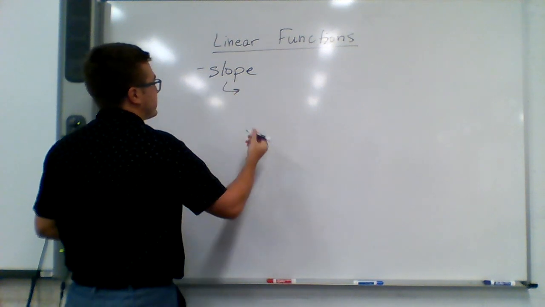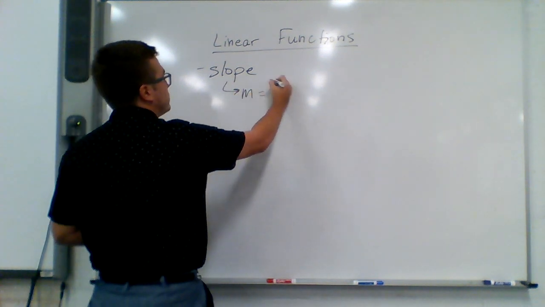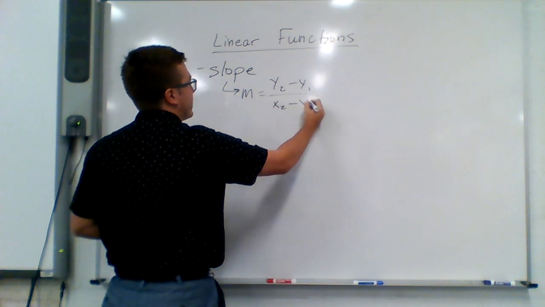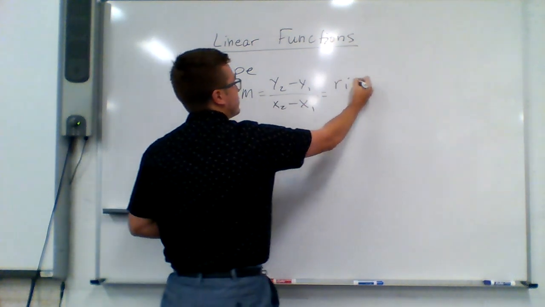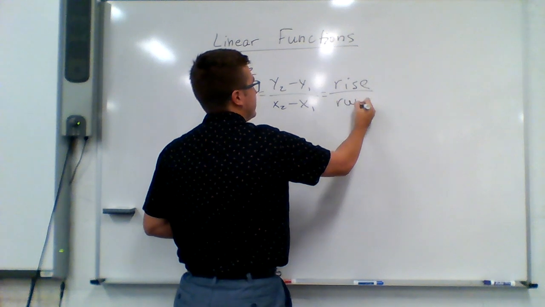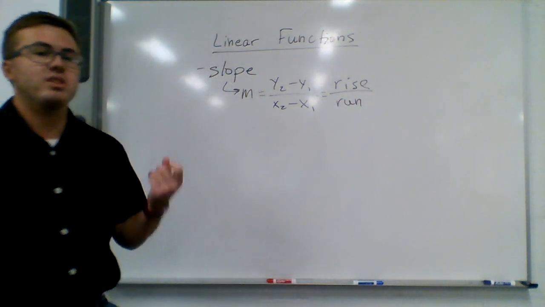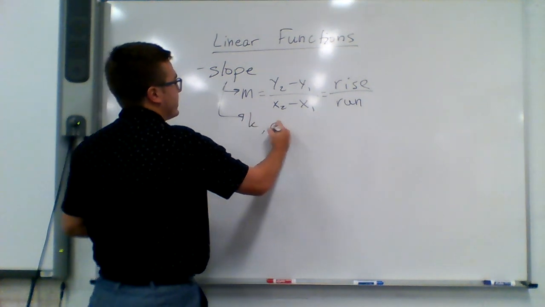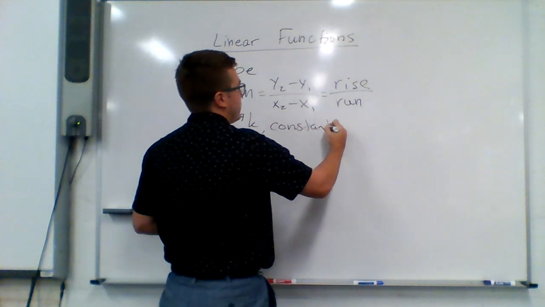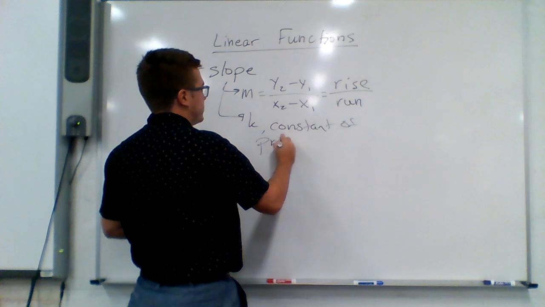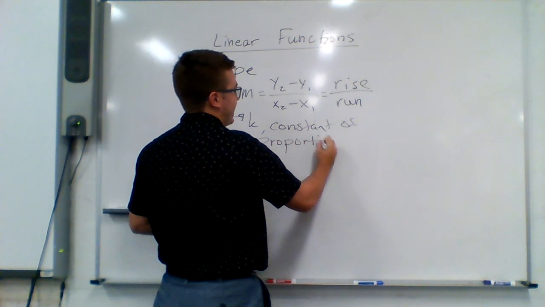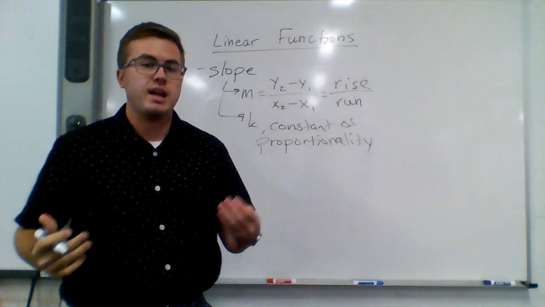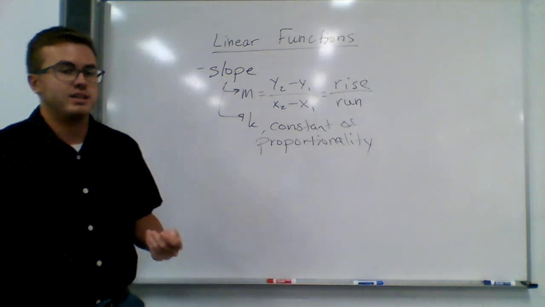And remember that slope is m equals y2 minus y1 over x2 minus x1. It's also the rise over the run. And when we looked at direct variation, we sometimes called it K, or the constant of proportionality, because we were able to create those proportions based on the information in a table or a set of points.